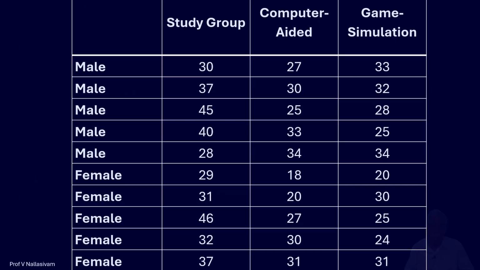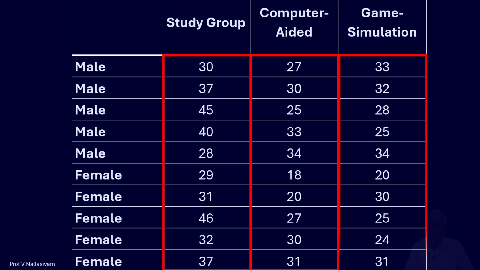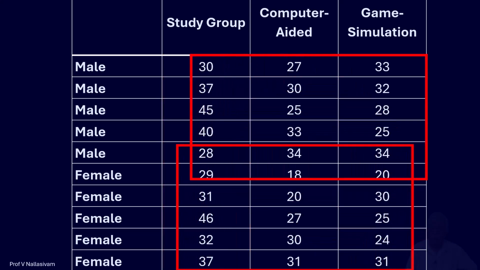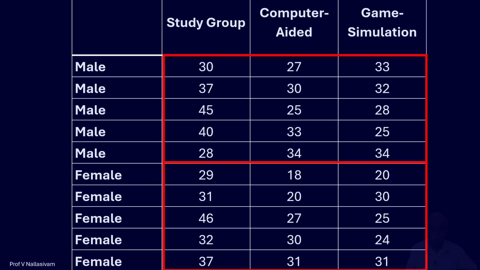It is given in the form of a table. Column values show the marks obtained by students from three teaching methods. Male and female are divided into two major groups, each consisting of 5 subgroups, and are shown along the major rows.